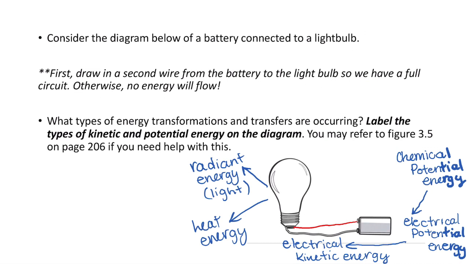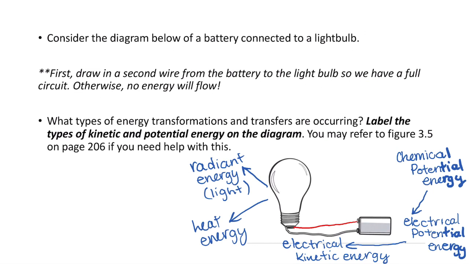That stored chemical potential energy will be converted into electrical potential energy and then to electrical kinetic energy as the charges start moving, and then it goes into our light bulb, which produces light, radiant energy, and also gives off some heat. This is, as I said, especially true for incandescent old style light bulbs. CFL or LEDs are much more energy efficient, and so they give off less heat. They do still give a little bit off.